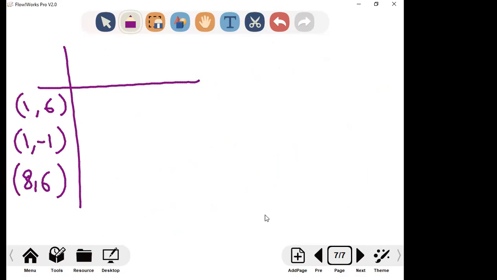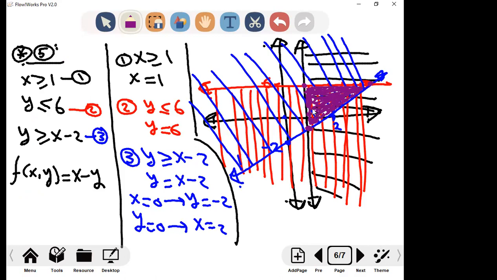1 and negative 1, the second point. This one, I know x is 1. And the blue one, this one, right? Replace x by 1.